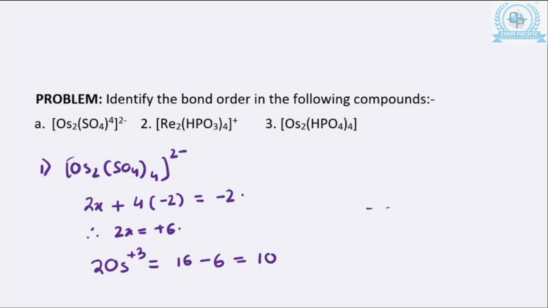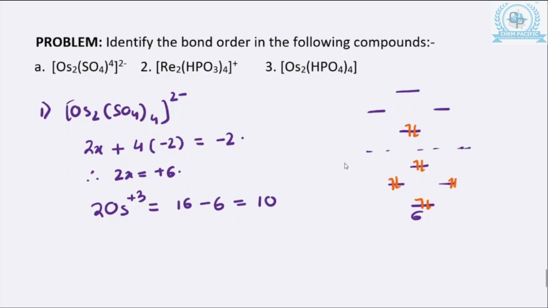तो इसका अगर आप बैरी सेंटर ड्रॉ कर लेते हो तो यहाँ पे सिग्मा इज द मोस्ट स्टेबल, then you have this. तो जल्दी से हम इसका MO डायग्राम ड्रॉ कर लेते हैं, है ना, and फिर हम इसे 10 फिलअप कर देते हैं. तो this is 1 2 3 4 5 6 7 8 9 10. क्लियर? सो फिर इसका बॉन्ड ऑर्डर, therefore the bond order is equal to (8 - 2) by 2.